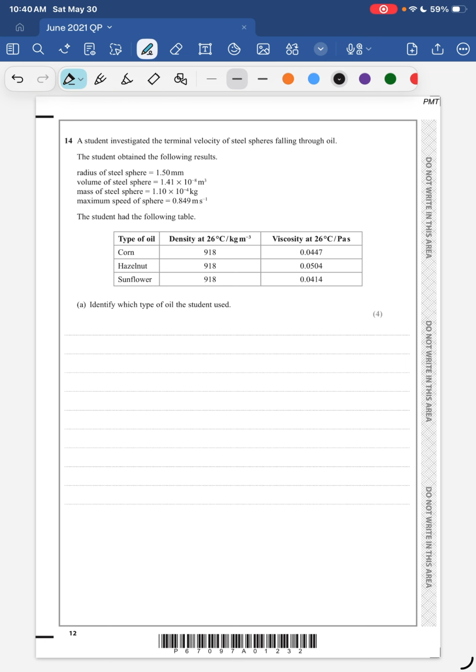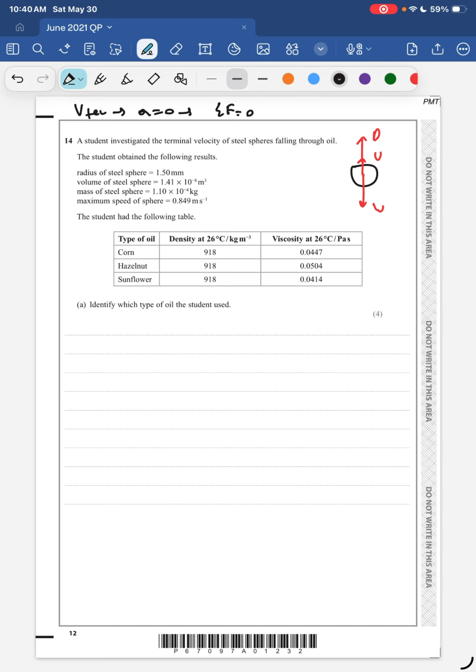Okay, so you have to set up the equation for terminal velocity. V terminal means that the acceleration is zero, which means that the sum of all forces is zero. So what are the forces on a ball falling through oil? It's of course its weight, the upthrust, and the drag force.